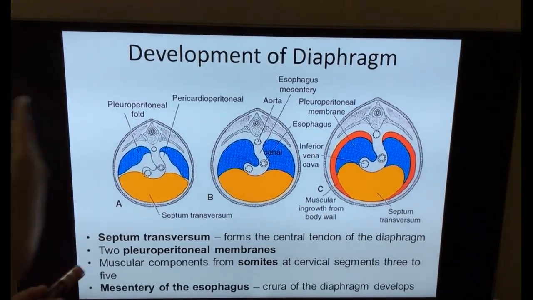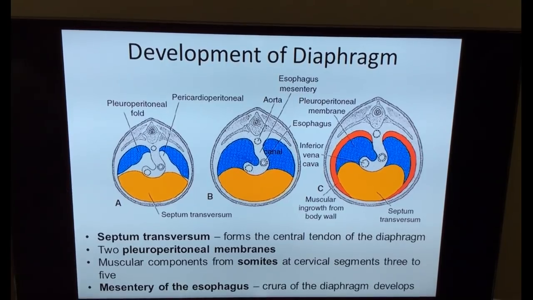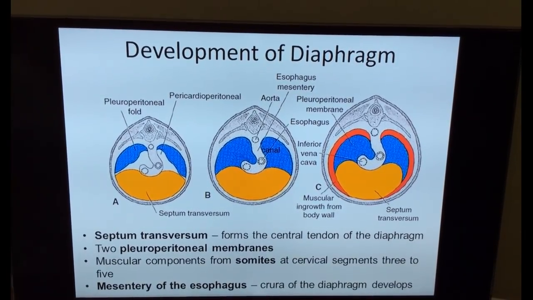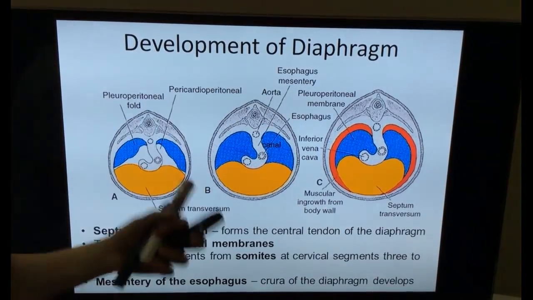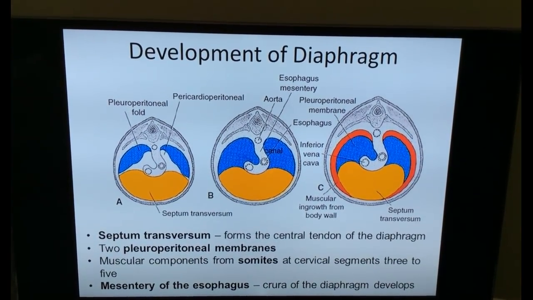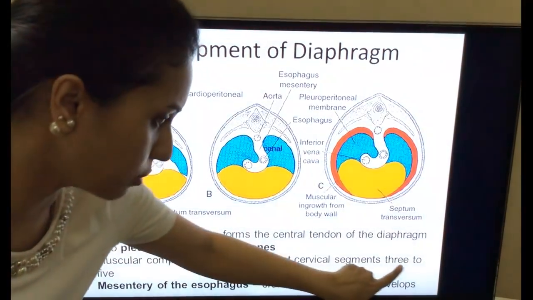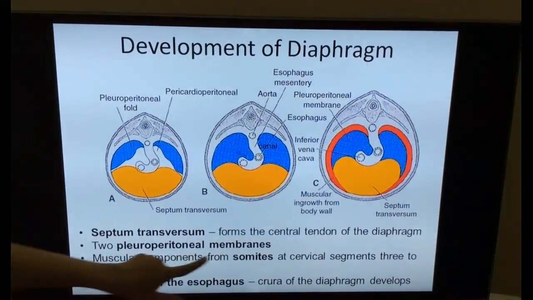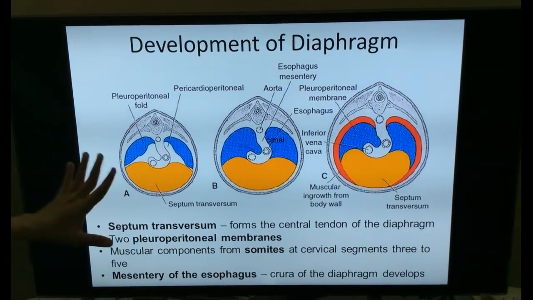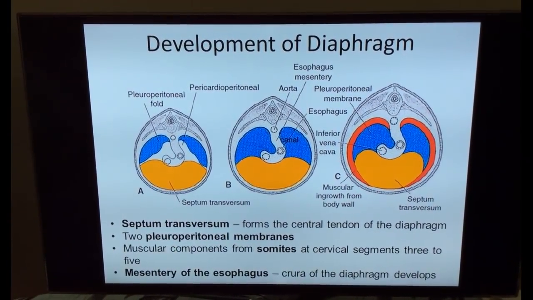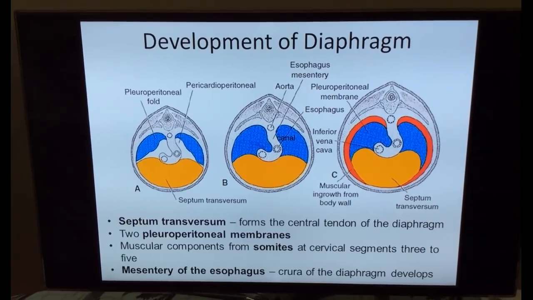You know that the nerve for C3 to C5 is the phrenic nerve. So the muscle part of the diaphragm, since it is derived from the somites at the cervical segments C3 to C5, is supplied by the phrenic nerve. So three parts are over: the tendon is over, the membrane is over, and the muscular part is also over.